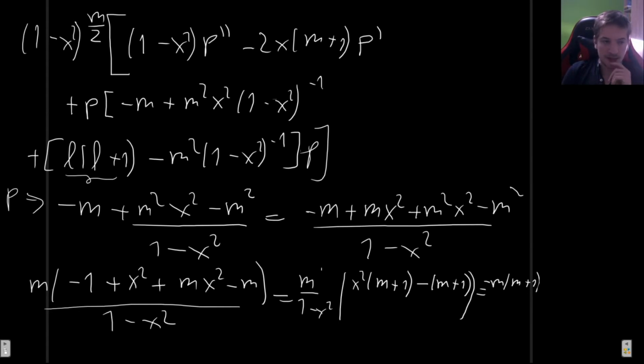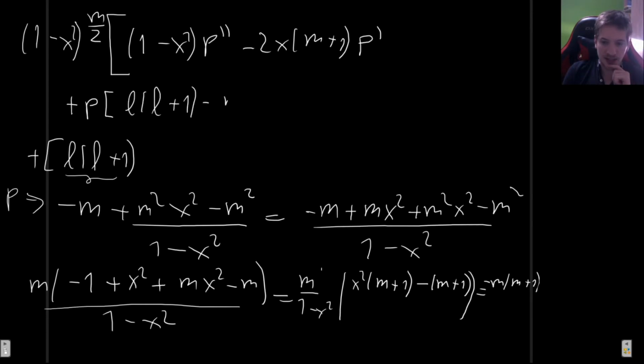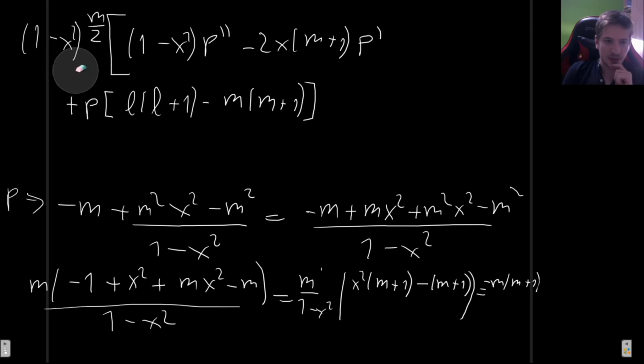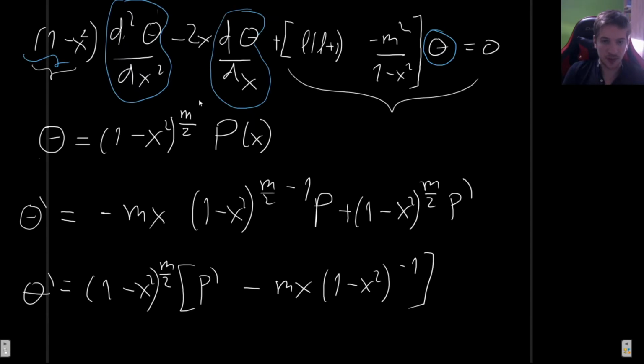So that means that in this expression, all of these things right here will simplify to just L + 1 - m(m + 1). So this is going to be the equation that we are left with and the one that we now want to solve. And by the way, this is equal to 0, because we already added everything together and it has to be equal to 0. Just as a quick reminder, that's why, right? There's this 0 right here.